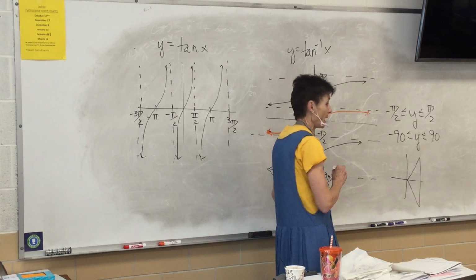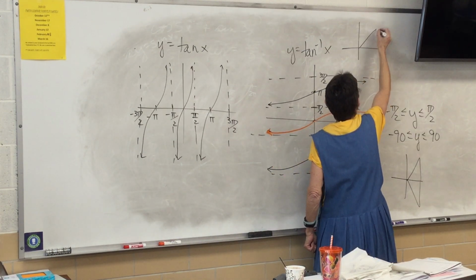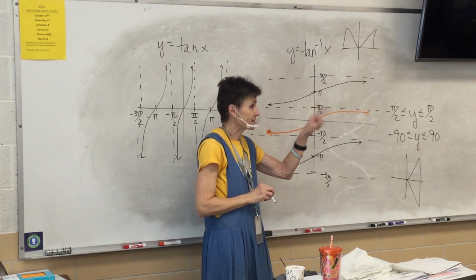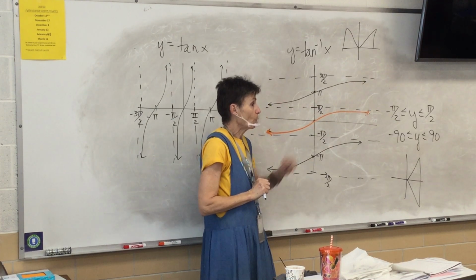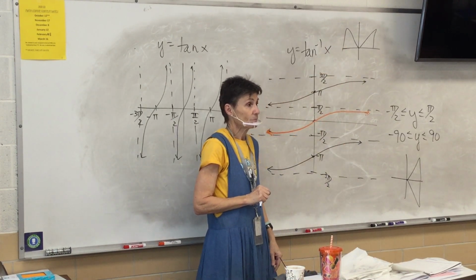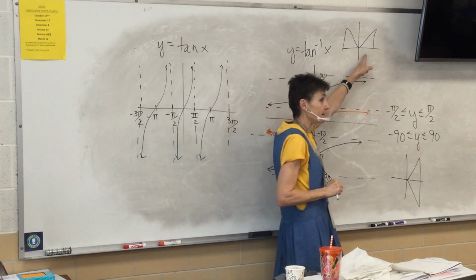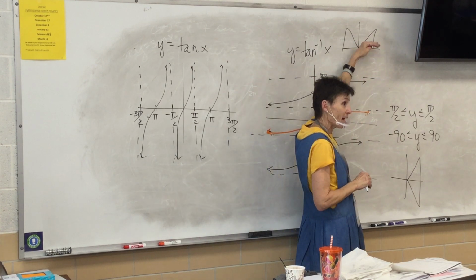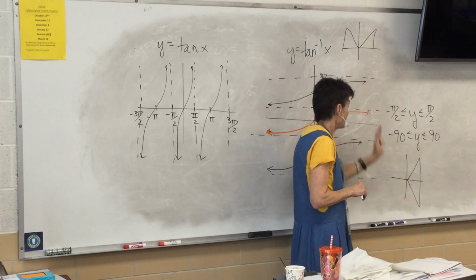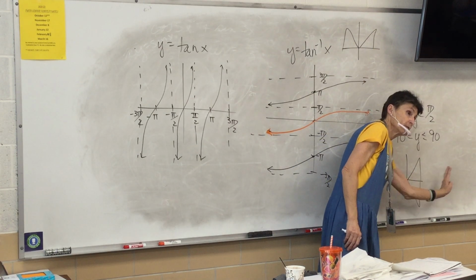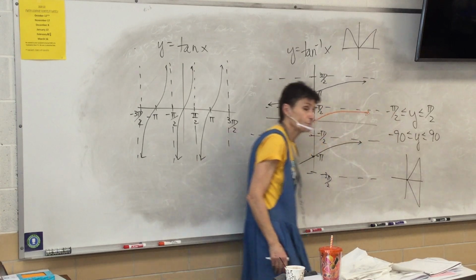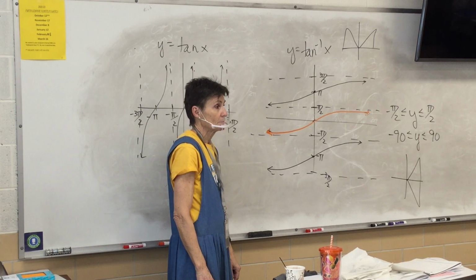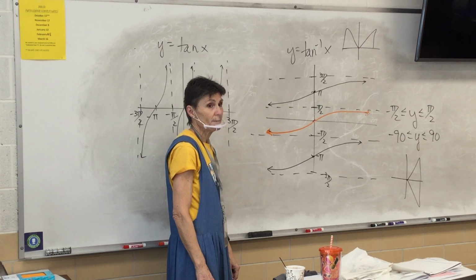Your inverse cosine, on the other hand, will be drawn here or here, because its principal values are between 0 and pi. So inverse cosine is what we call a top half function. Sine and tangent inverse are right half functions. Everybody okay with that?